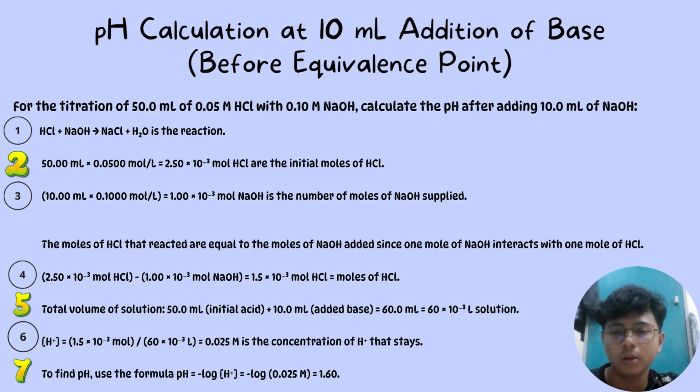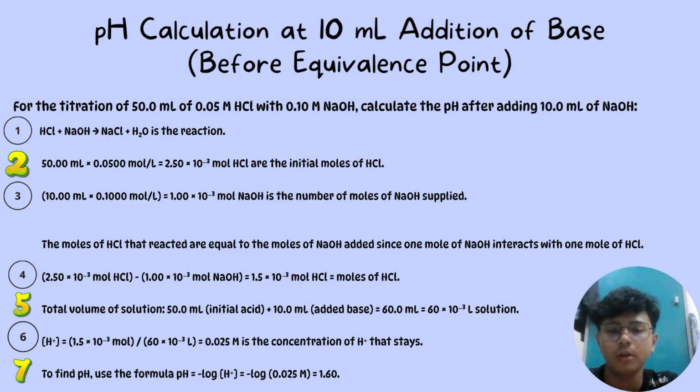Step 1. Write the reaction. Hydrochloric acid plus sodium hydroxide react to form sodium chloride plus water. Step 2. Find the initial moles of hydrochloric acid. 50 ml multiplied by 0.0500 mole per liter equals 2.50 × 10^-3 mole hydrochloric acid.